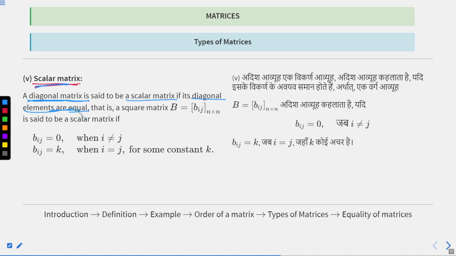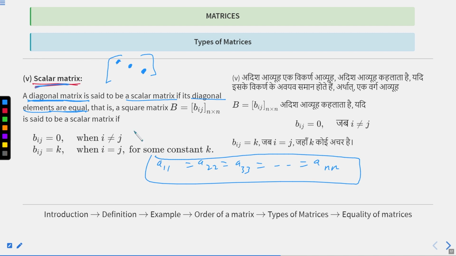In general, you must first have a square matrix, then it must be a diagonal matrix, then all diagonal entries, a11 equals a22 equals a33 and so on up to ann, must be equal to each other. Then you will call it a scalar matrix.